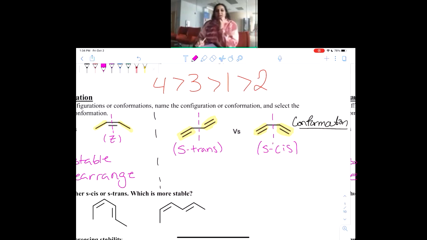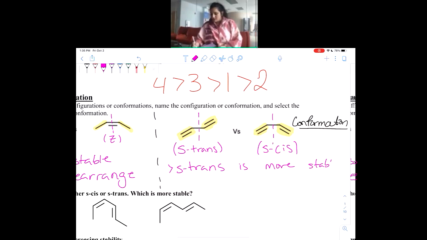And if you guys had to guess, which one do you think is more stable? Trans, exactly. And again, that's because of steric reasons.